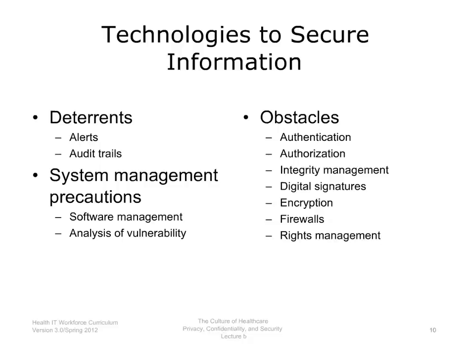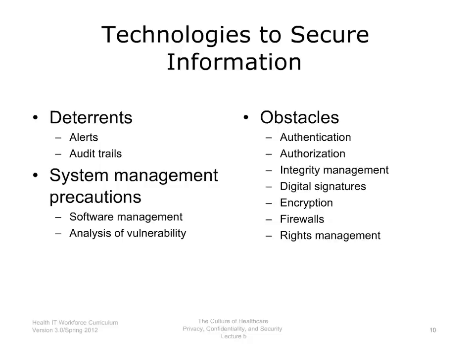Here are some obstacles that can prevent individuals from getting to private information. Authentication, such as having to use a password or other authentication. Authorization, where individuals have to be authorized to look at certain information. Integrity management, where the integrity of the overall system is assessed and maintained.